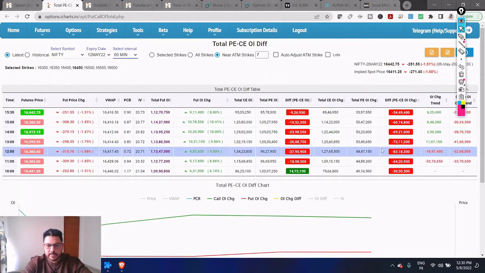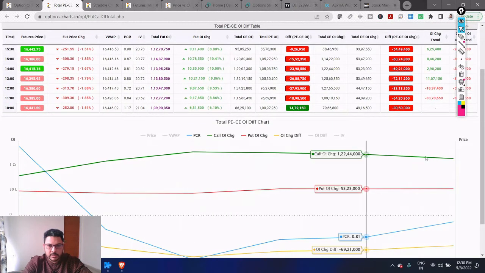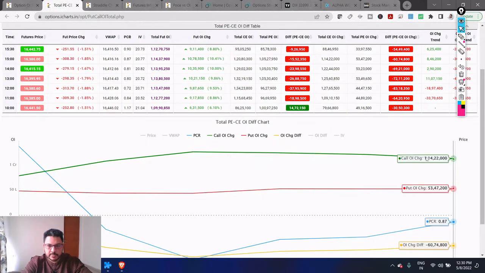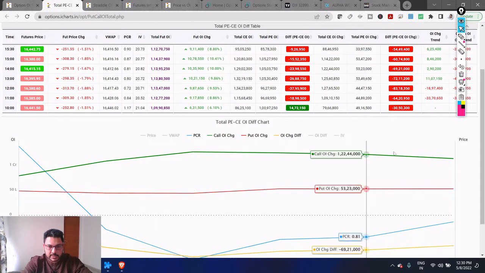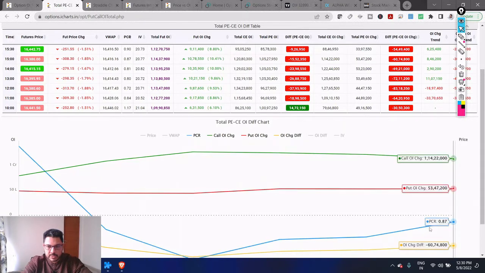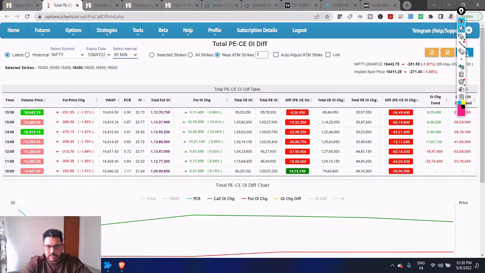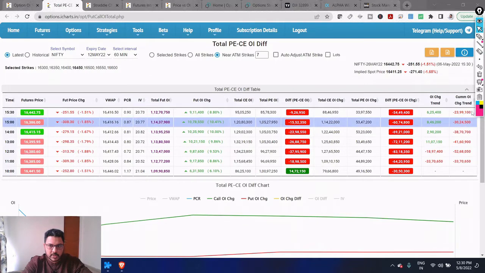Even in 60 minutes, calls are higher, put writing is not happening, and put call ratio is 0.87. So this is definitely a short build-up which is happening. Cumulative OI trend is also negative, the calls are higher, puts are lower, and this I'm checking only for the 7 strikes, which is at the money and +3 and -3.